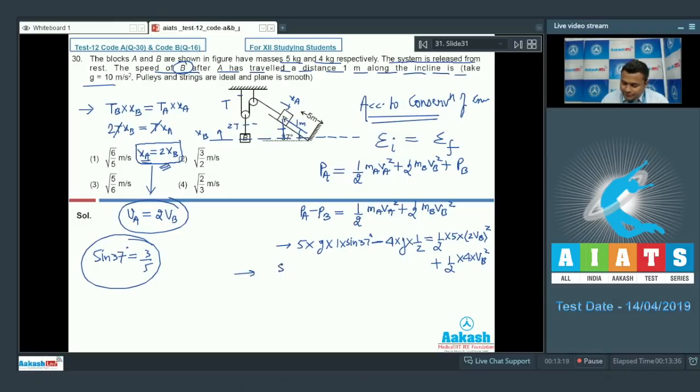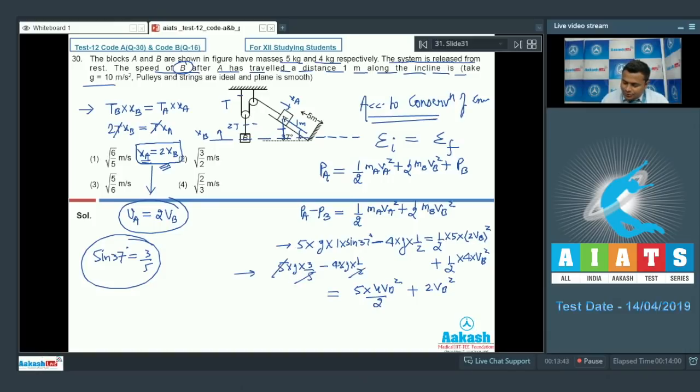Let's make one more step. 5 into g into 3 by 5 minus 4 into g into 1 by 2 equals 5 into 4 Vb square divided by 2 plus 2 Vb square.